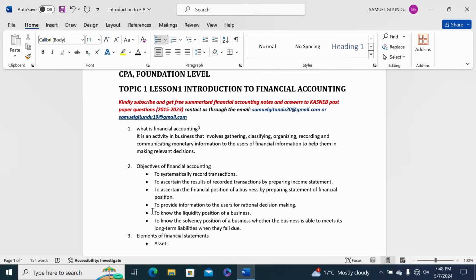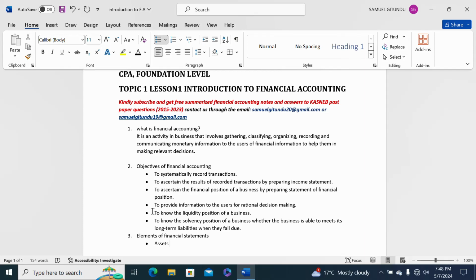These assets are classified into two major categories. We have non-current assets, and then we have current assets. Non-current assets are those assets which a business intends to hold for a period of more than 12 months.